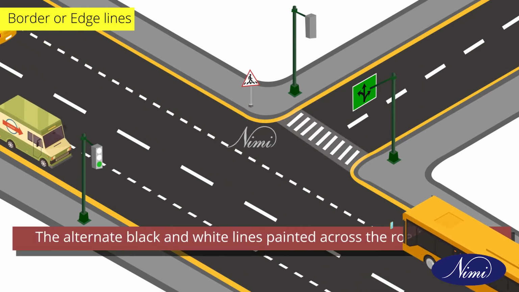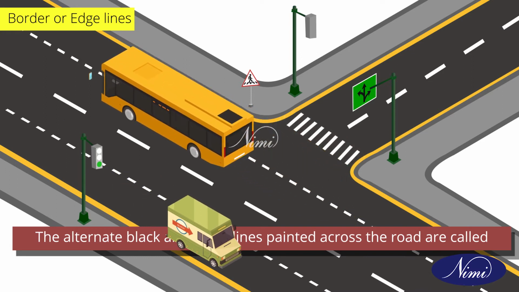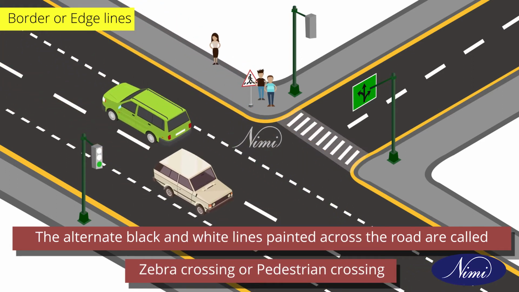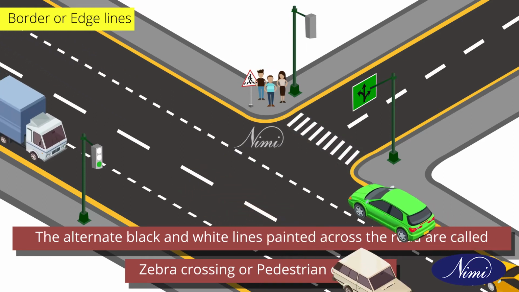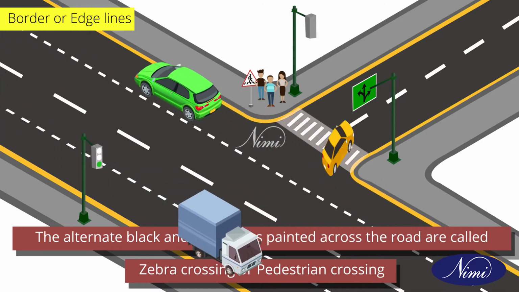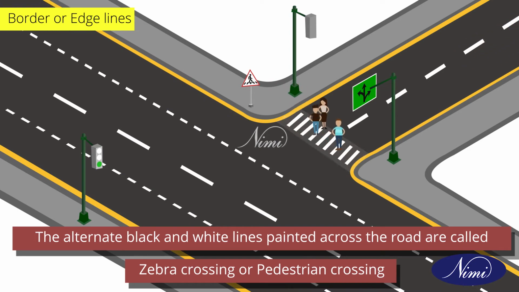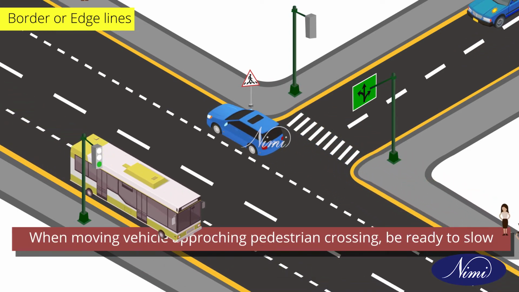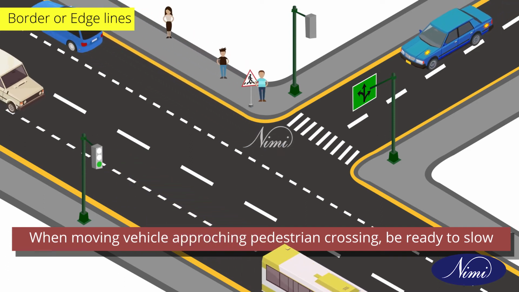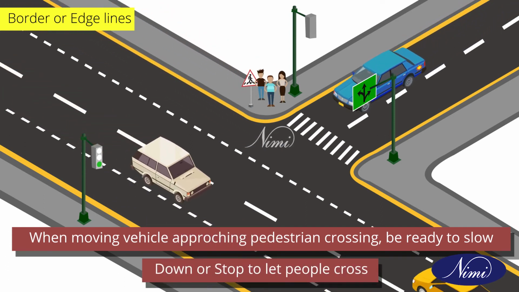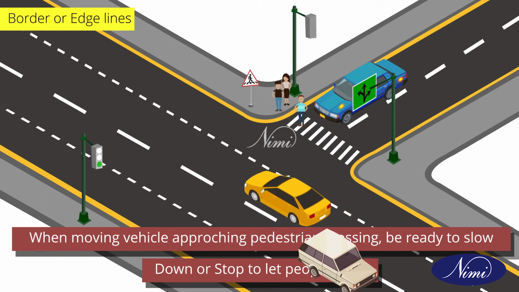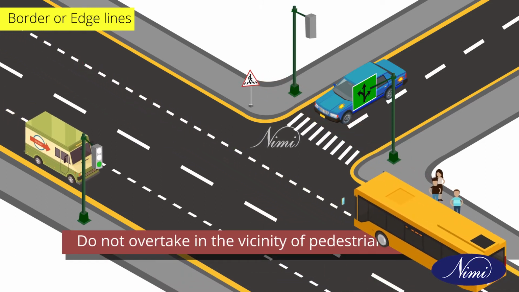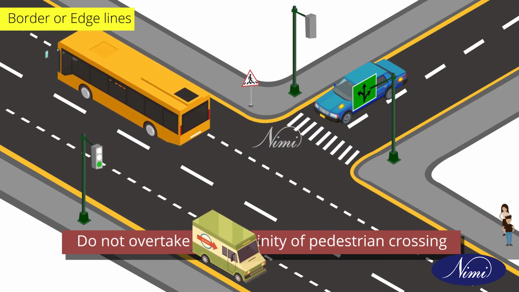The alternate black and white lines painted across the road are called zebra crossing or pedestrian crossing. This is the place through which pedestrians used to cross the road. When moving vehicles approach near the zebra crossing, be ready to slow down or stop to let people cross. Do not overtake in the vicinity of the pedestrian crossing.